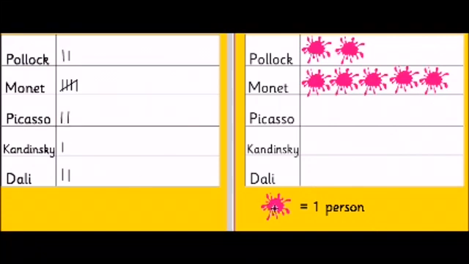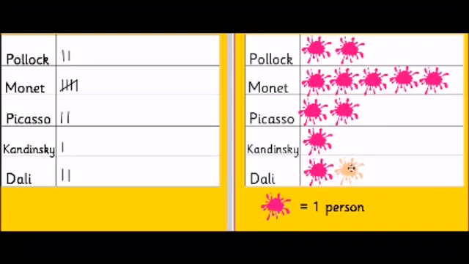Picasso with his 2 votes. 1, 2. Kandinsky, poor old Kandinsky only with 1. And Salvador Dali with the 2 votes. 2 people said he was their favourite, so 2 splats.